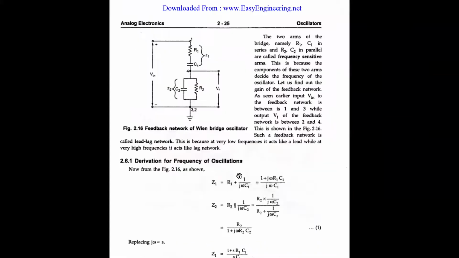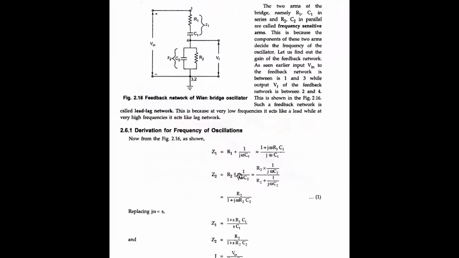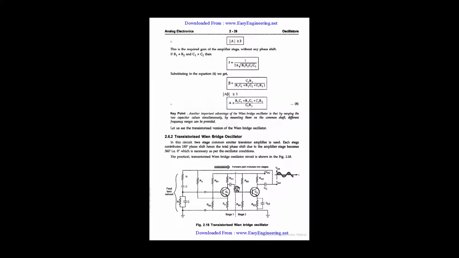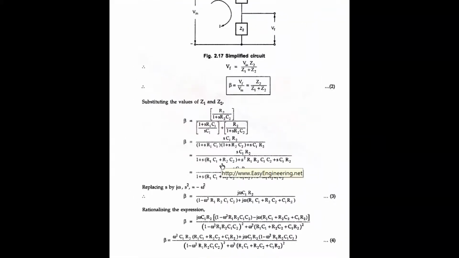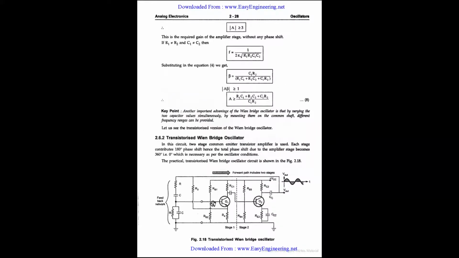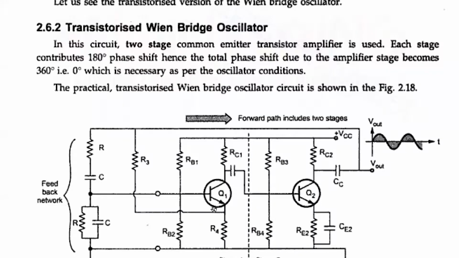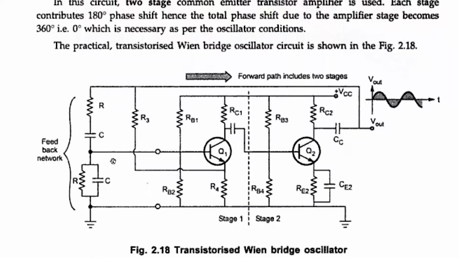Then later on we will analyze. So the amplifier circuit will be like this. This one. So here, this is the same Wheatstone bridge. RC, RC, then a resistor, then another resistor.